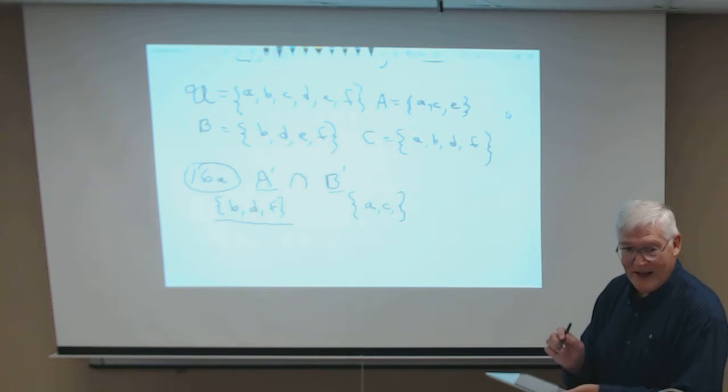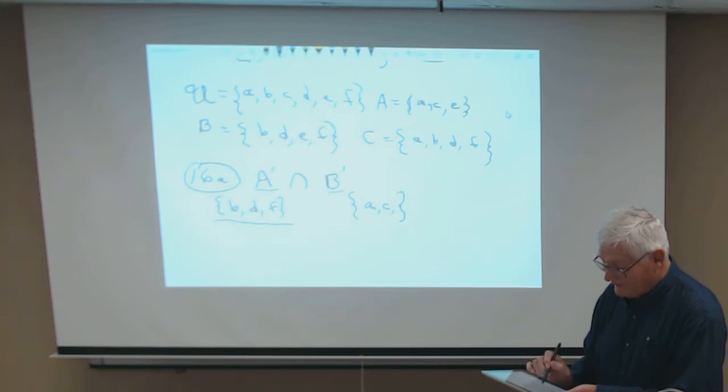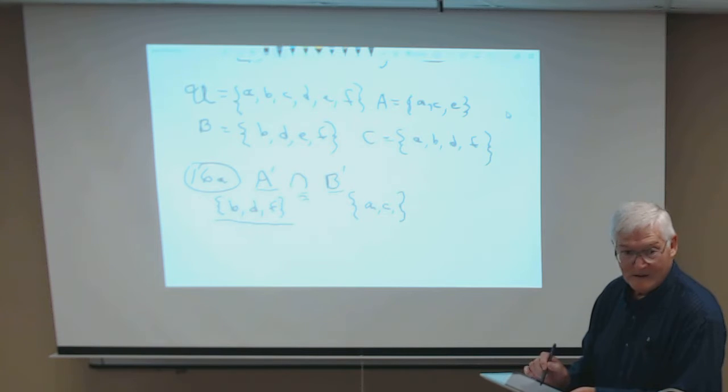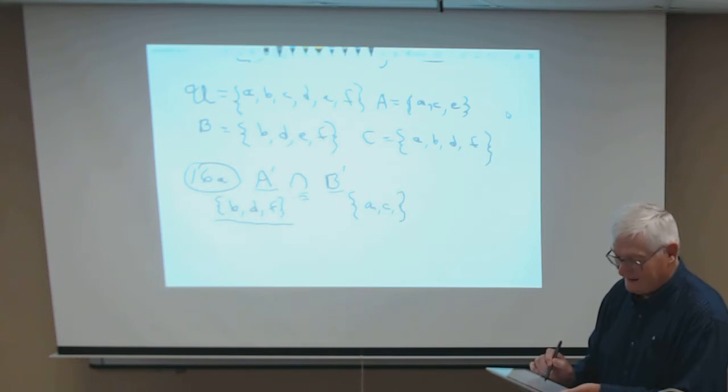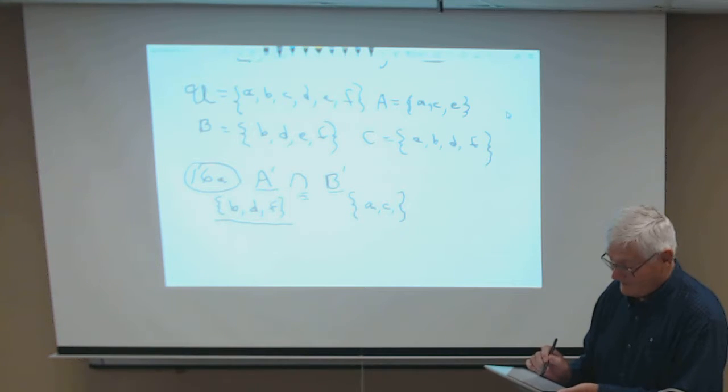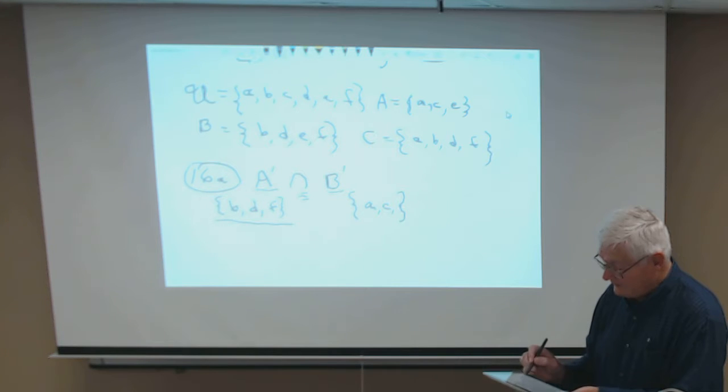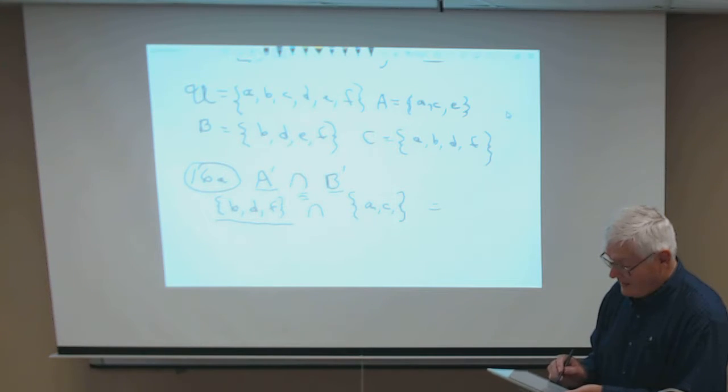All right. So now we're not finished yet because we want to find the what? Look at your notes. What's that symbol stand for? Intersection. The intersection of these two sets. What's the intersection of these two sets? What do they have in common?